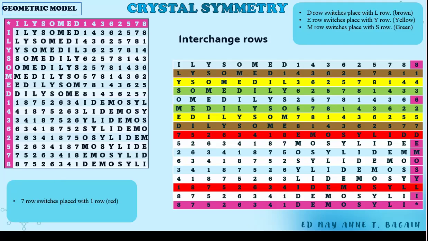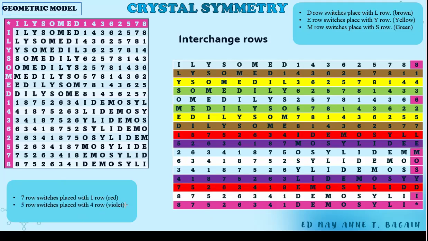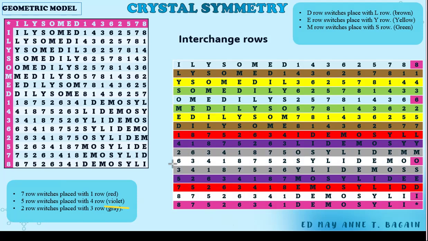Then we will be switching the 4 and 5, which is the violet part. So it should be 1, 4, and not 1, 5. Let's check what will be the next. It should be 3 and 2, the gray part. We will be interchanging them so that it will be the same as 1, 4, 3, and then 6, 2, 5, 7, and 8.